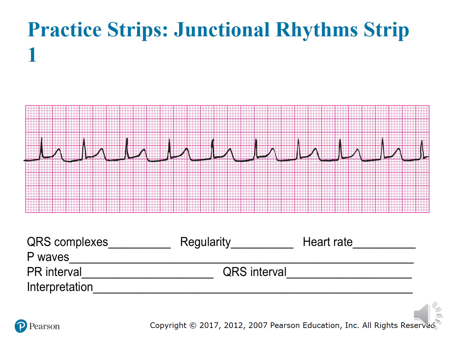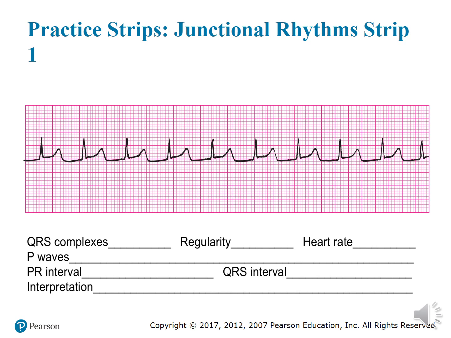Our QRS looks to be one block wide, so our QRS is 0.04 seconds. Based off of our interpretation, we have a rhythm that is regular. We know there's no premature beats, so PJC is out of the question. Our heart rate is 100, so the junctional brady is out of the question.